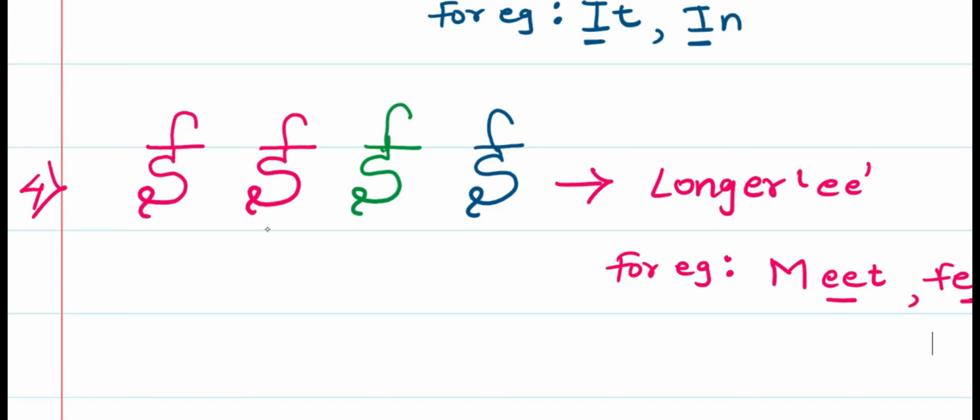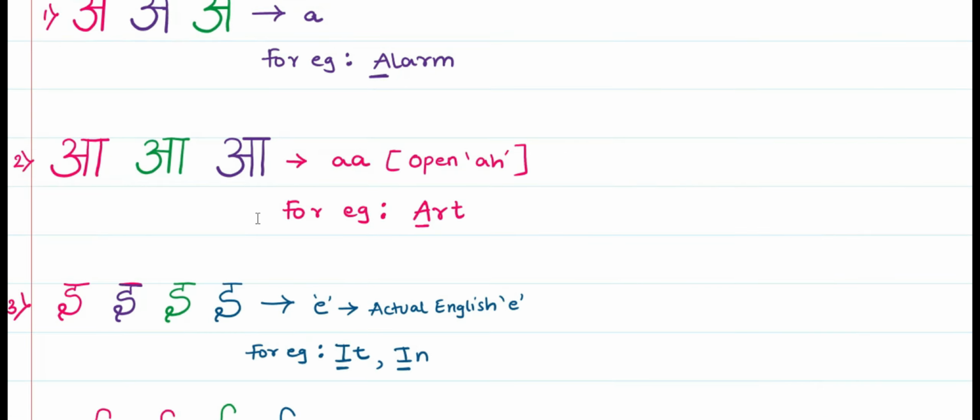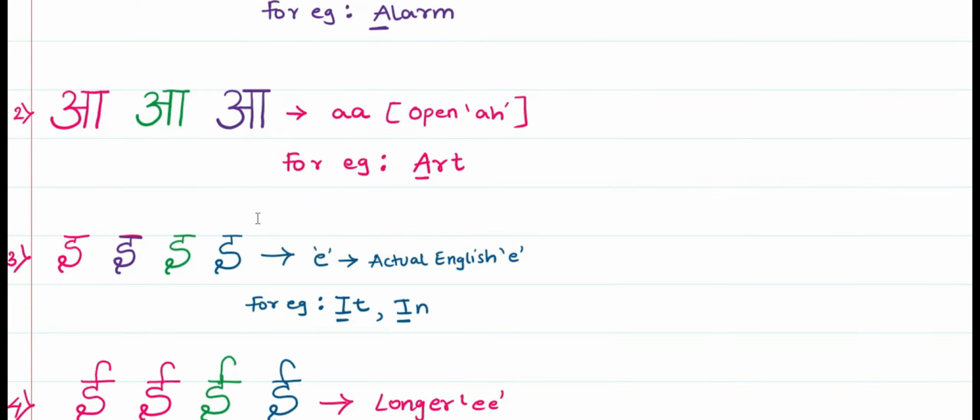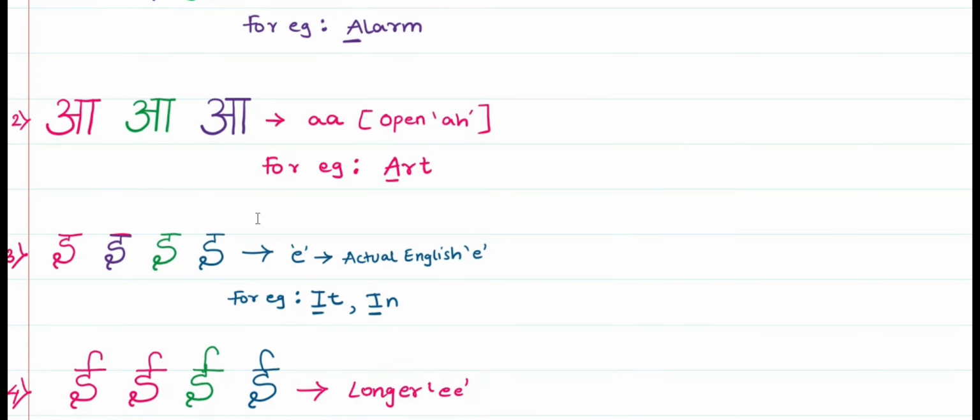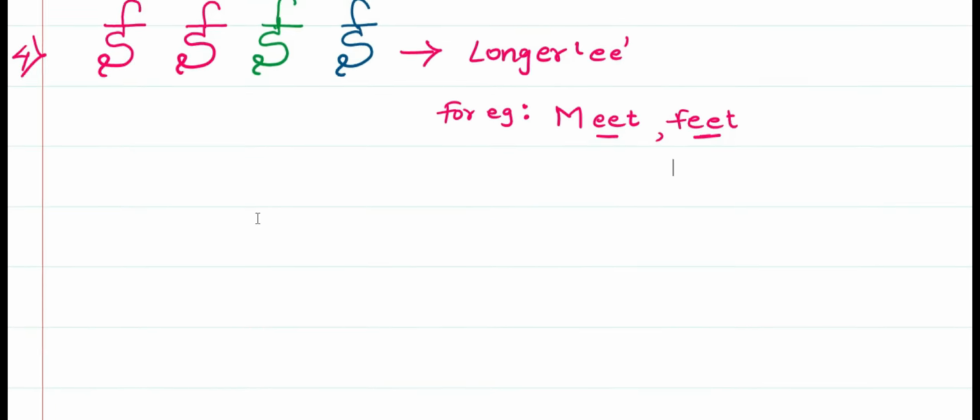You got it. I'm going to pronounce them once again: a, aa, e, ee. Perfect. Let's go forward.